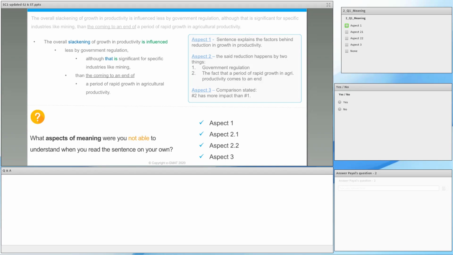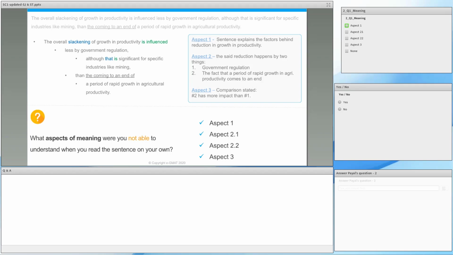Did you miss aspect 2.1 that there was government regulation? Did you miss aspect 2.2 about the fact that the period of rapid growth is coming to an end, meaning that it was winding down? Or did you miss the stated comparison? What were you not able to get?